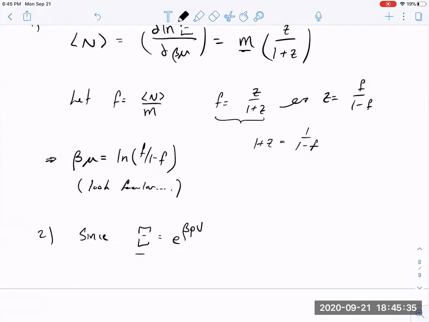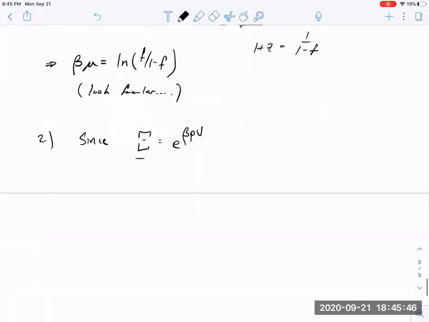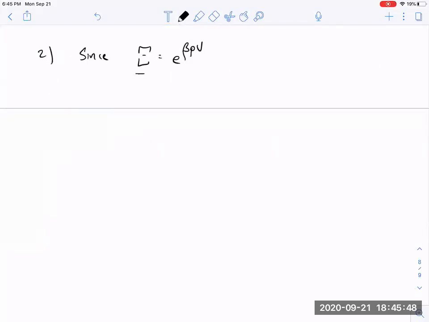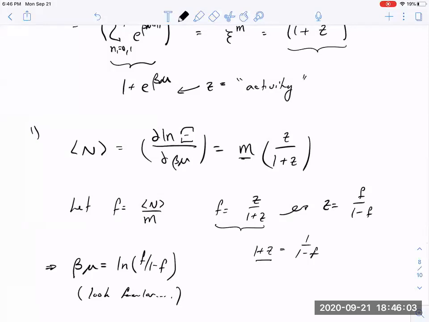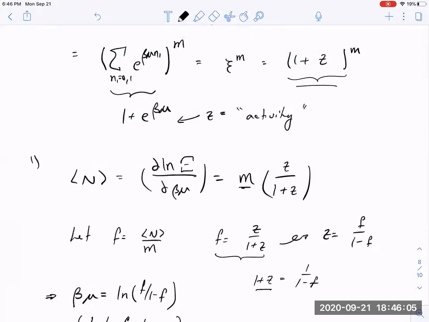It's a functional relationship between the pressure, volume, and quantities that are computable in the system. So specifically, if we put in that beta PV is equal to log that partition function, as we've just noted, we could substitute 1 plus Z here.